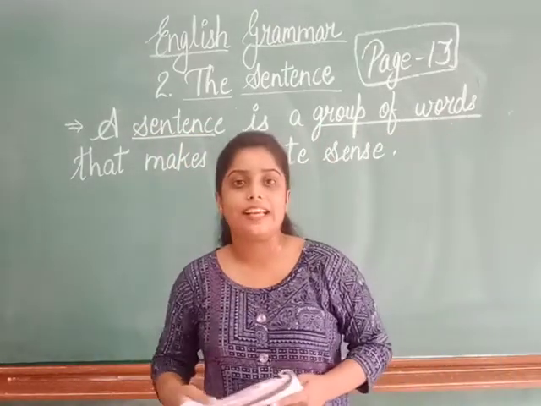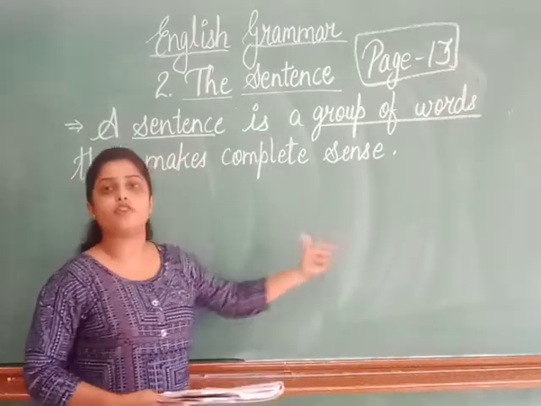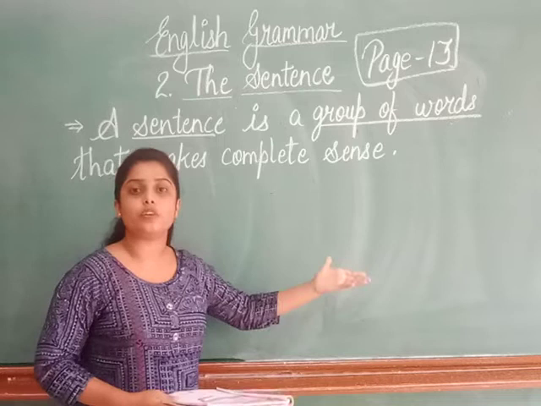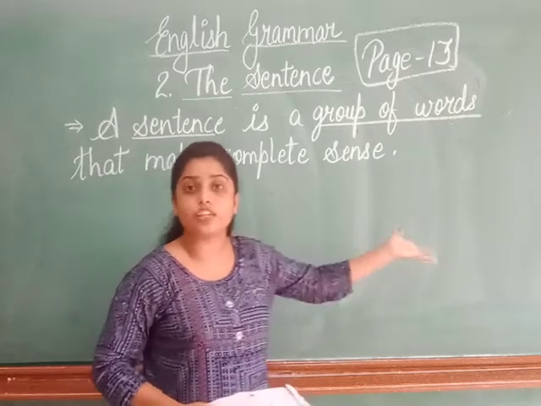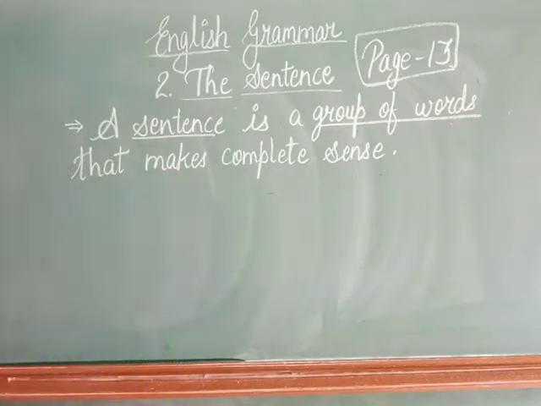So let's take an example. Let's write some group of words and then find out whether a group of words actually makes a sentence or not. I am writing some group of words on the board.